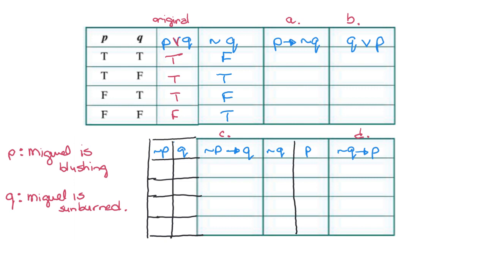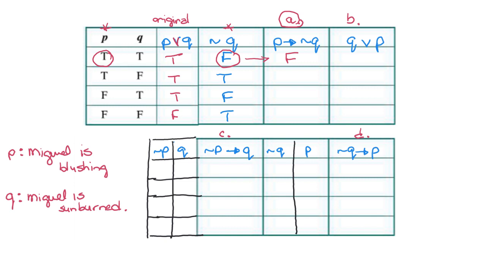Next, we're going to go for the conditional. This is part A right here. The conditional is if P, then not Q. So we're going to look at the P column and the not Q column. On a conditional, if we start true and it turns to false, such as the very first case, P is true, not Q is false, that will give me a result of false.